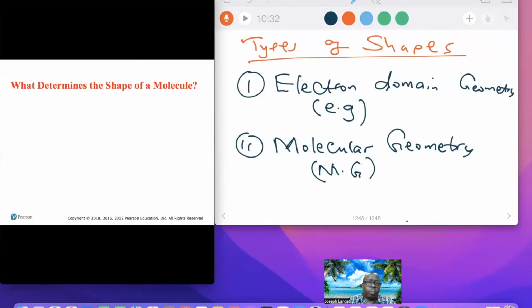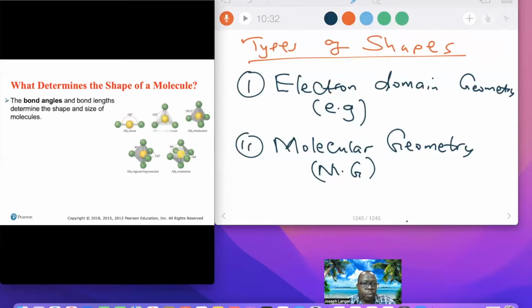And what determines the shape of the molecule? We have stated that it's the bond angle, which is basically the angle formed by the central atom with the external atoms. This is what defines the bond angle. The bond length as well, and electron pairs also define the geometry in the sense that those unshared lone pairs can repel.